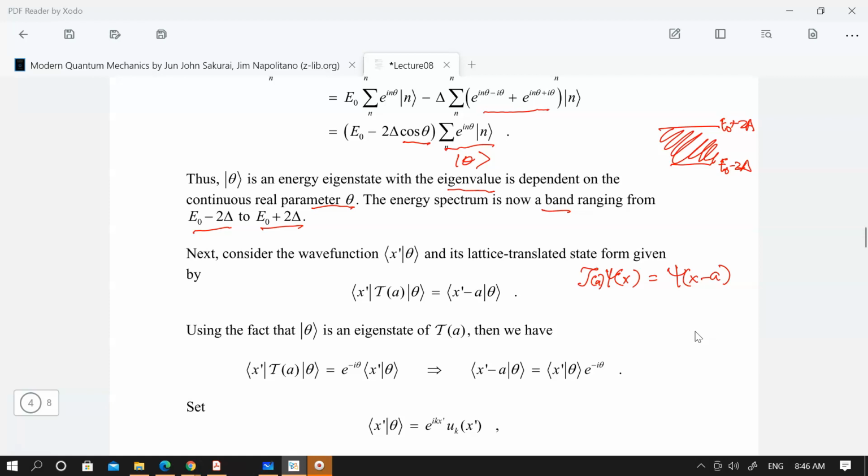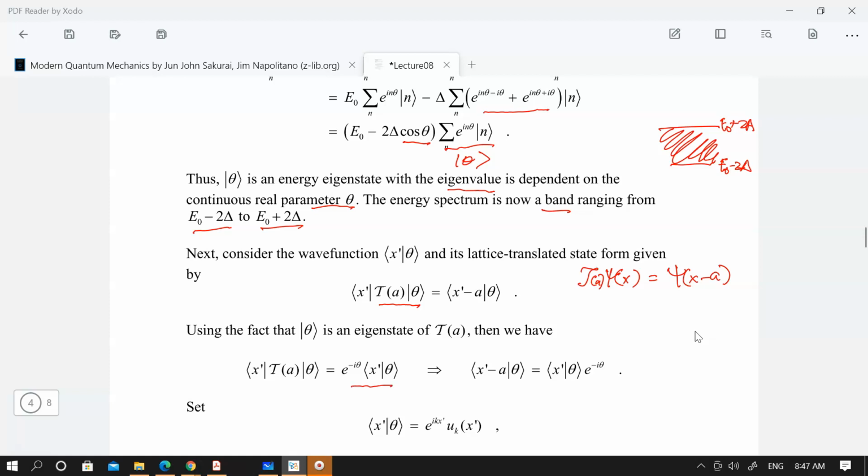Okay, so we have that, and then the next thing that we are able to see is that T_a acting on theta, we already know what that is. That's essentially giving you that. Okay.